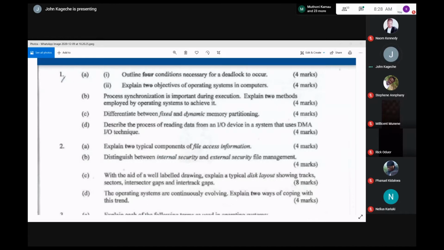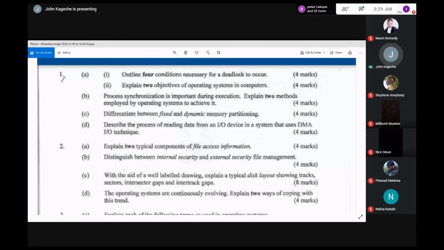Number two, the processor then continues with whatever it was doing, because now the DMA will continue with the rest of the process. Number three, the DMA module transfers the entire block of data. And finally, when the transfer is complete, it must send a signal to the processor to indicate that the process is complete.